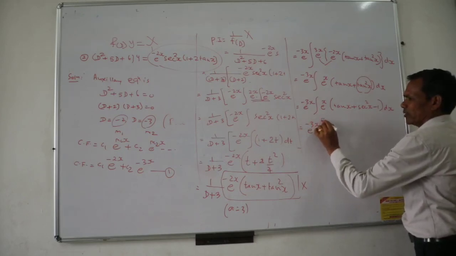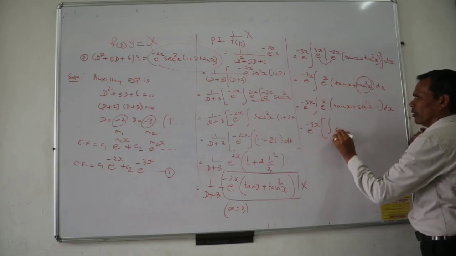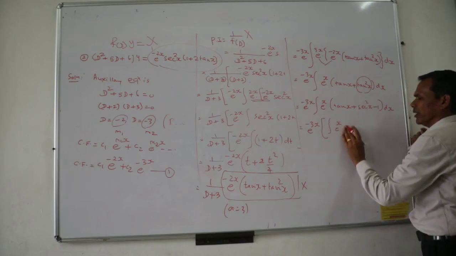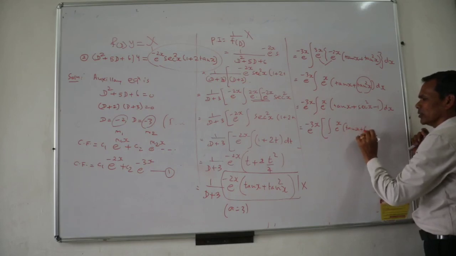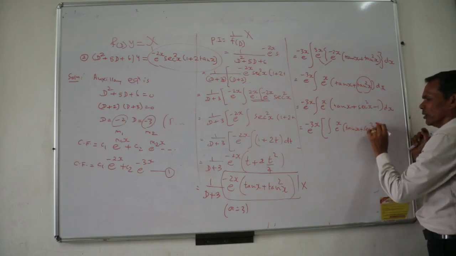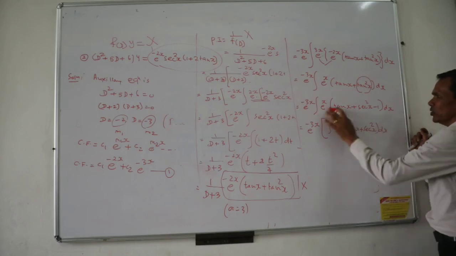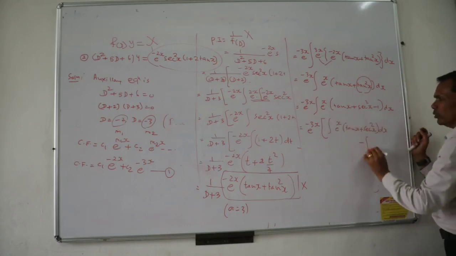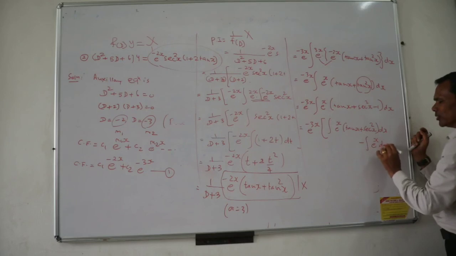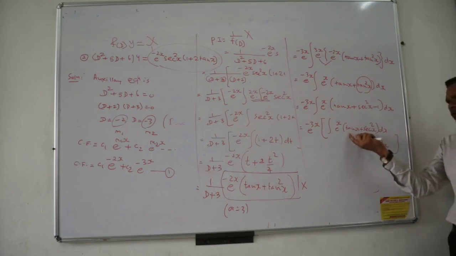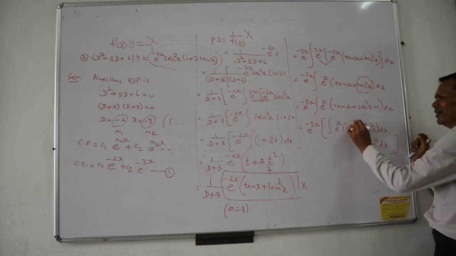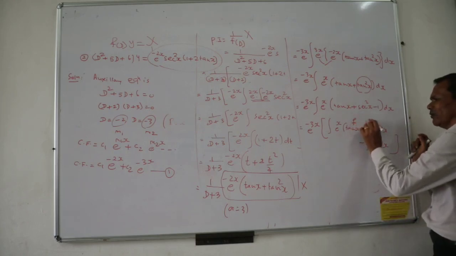It would be something like this: e to the power x inside the bracket, it is tan x plus sec square x into dx, and this term with minus 1, it would be e to the power x dx. So it is this. Now as usual, you know the standard formula. This is f and this is f dash.